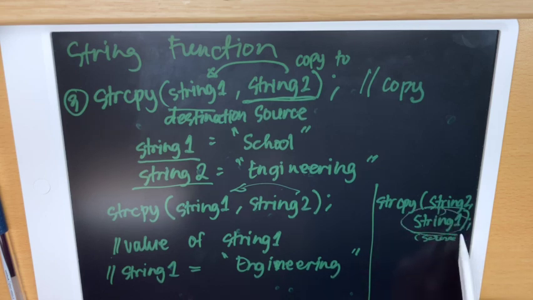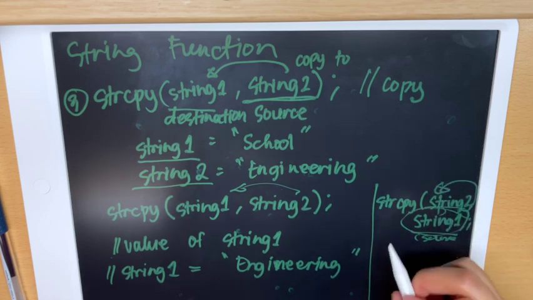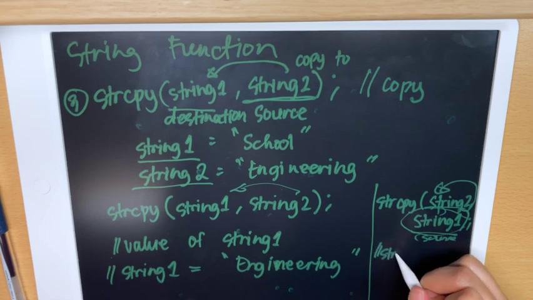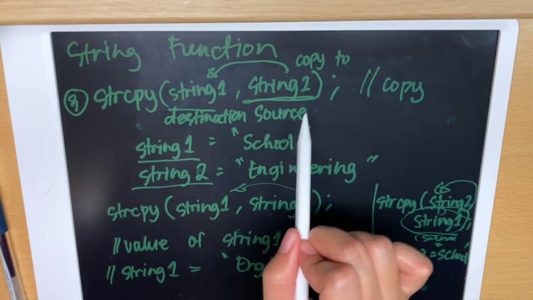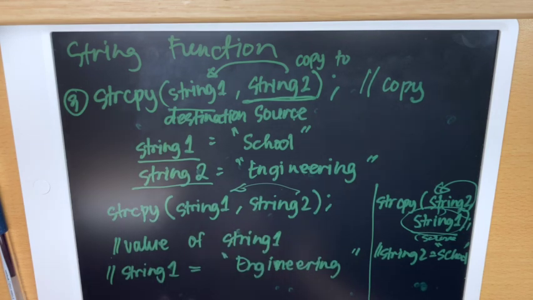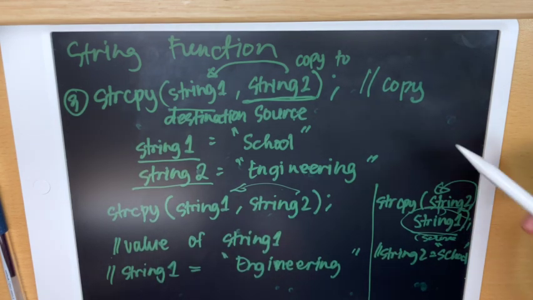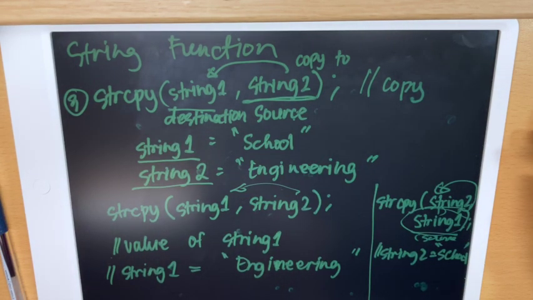Whatever the value of string 1 will be copied to string 2, and string 2 will now become school. So the order is the source and the copy destination. So that's how you implement a string copy.